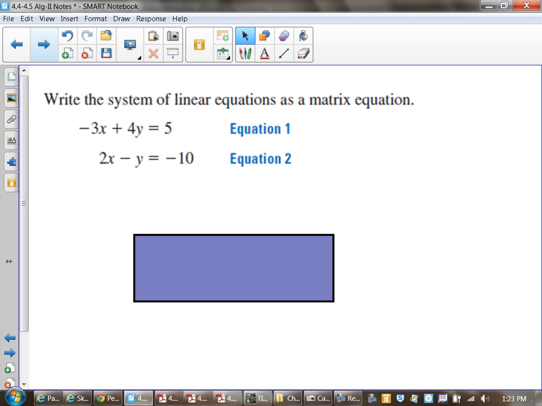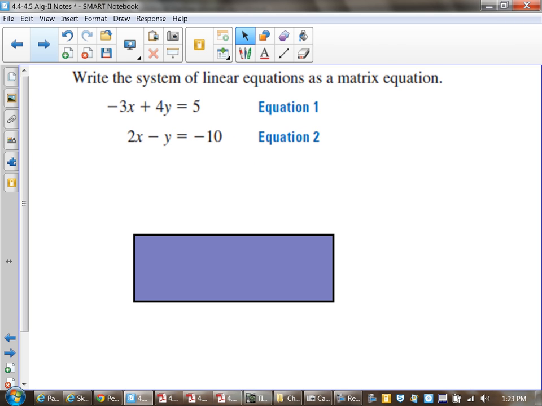What we're going to create from the solution matrix and the coefficient matrix is a one-step equation to solve the system.